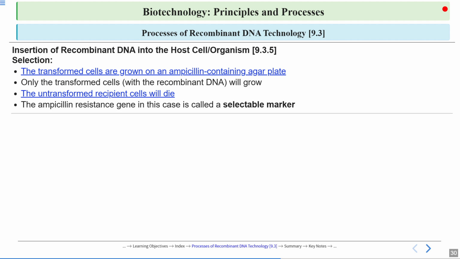Now what will happen? Only the transformed cell which has this recombinant DNA, meaning which has the power of resistance towards ampicillin, will grow. The untransformed recipient cell which doesn't have this resistance against ampicillin is going to die. And here this ampicillin resistance gene is called the selectable marker. We have also studied the selectable marker in detail in previous classes.